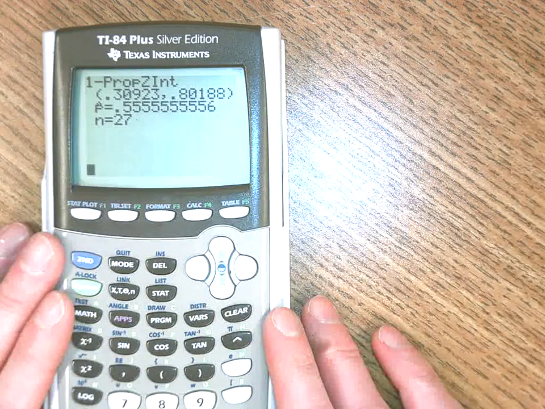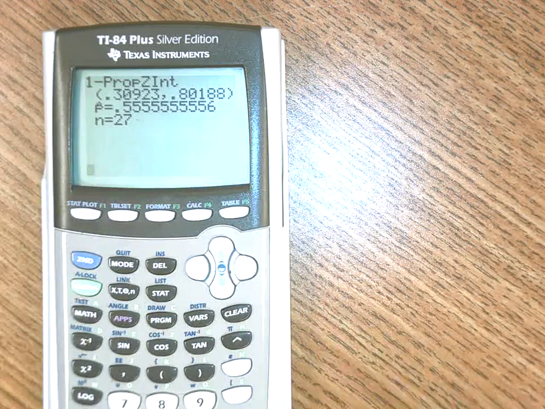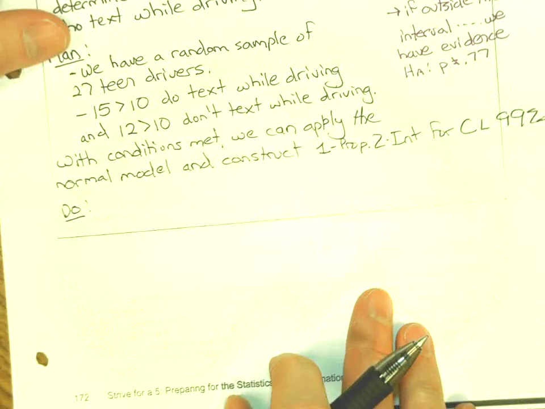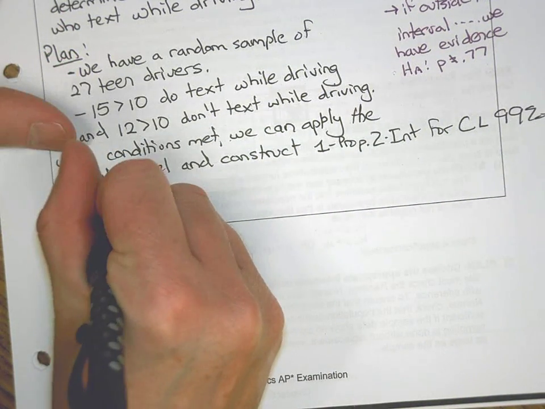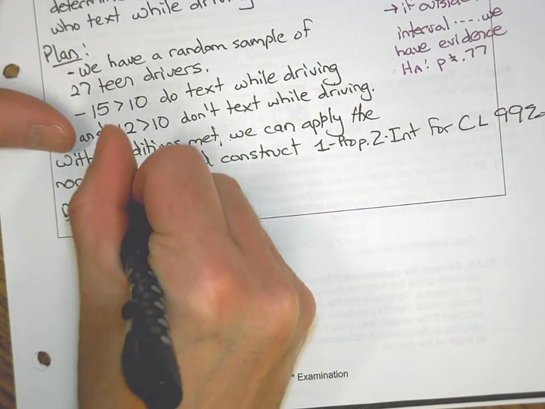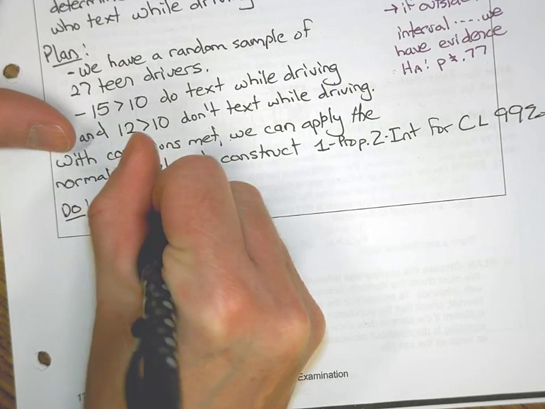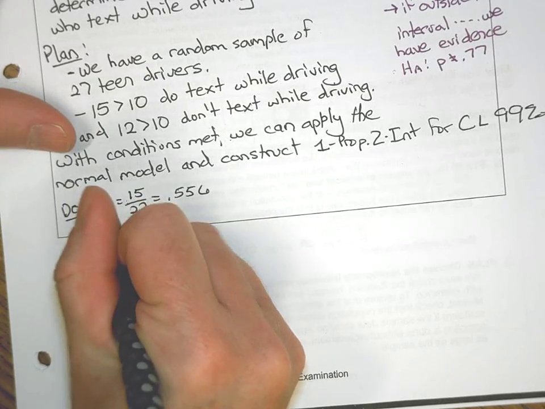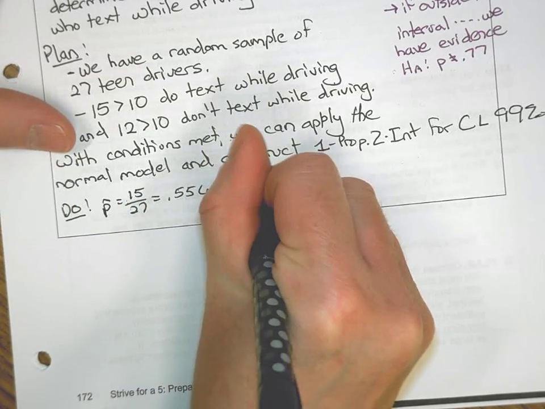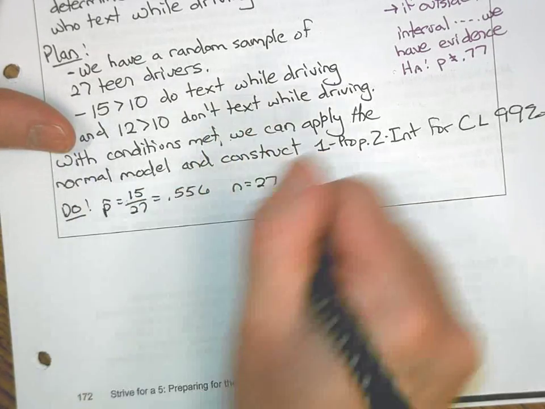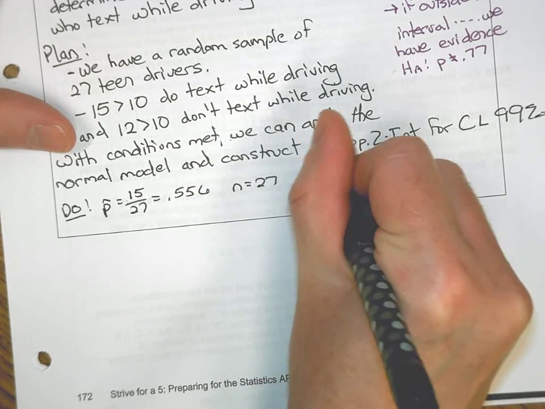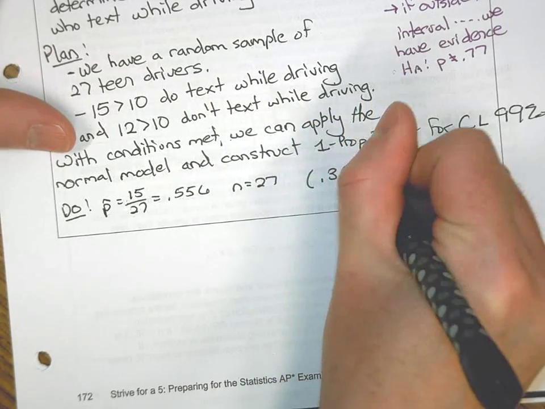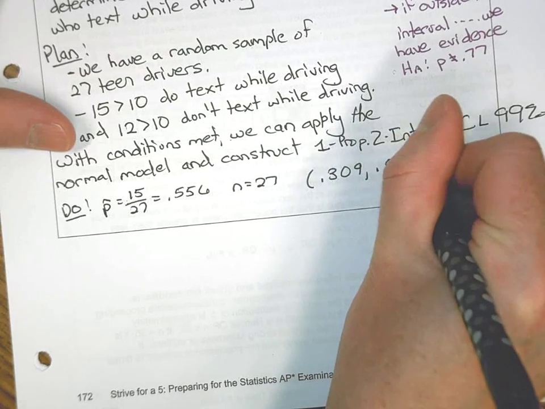The range goes from 0.30923 to 0.80188. So I'm writing all that information down. My p hat, which was from the 15 divided by 27, is 0.556. And my sample size was 27. The confidence interval is 0.309 to 0.802.